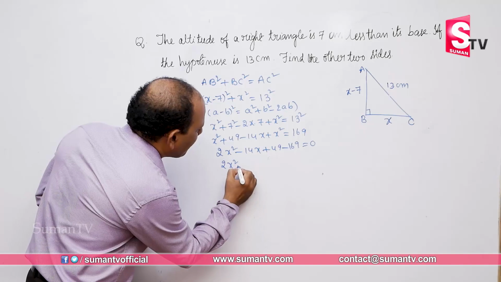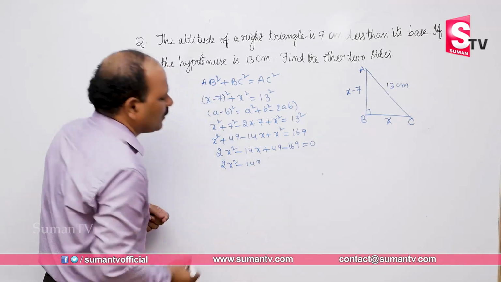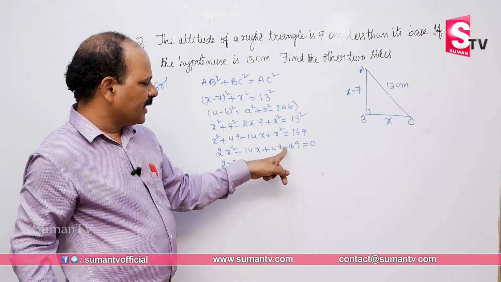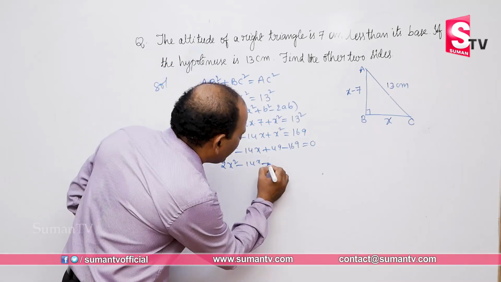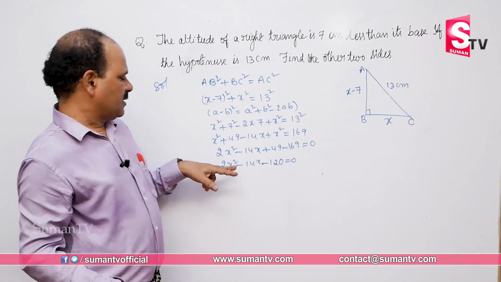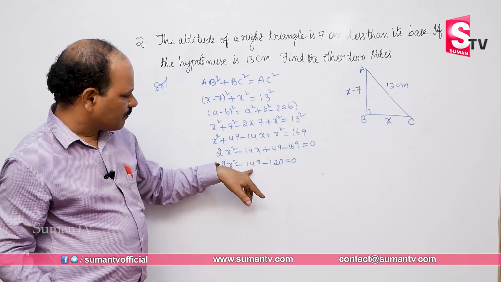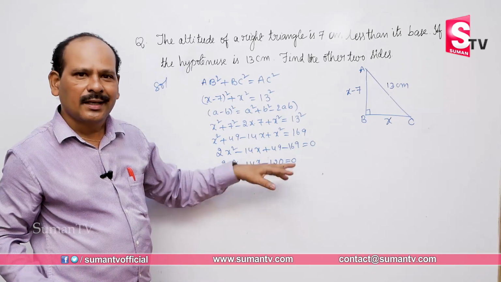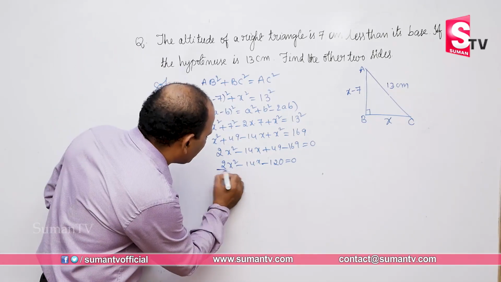2x square minus 14x, 49 minus 169, it is equal to minus 120 is equal to 0. In this, see, all the terms are multiples of 2. Again, I can divide every term by 2.